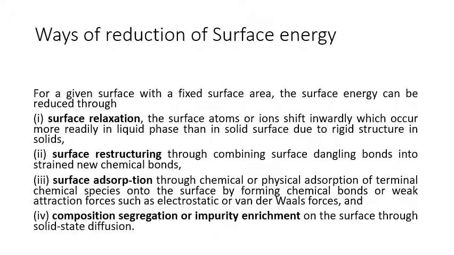Now the second is surface restructuring. As we have discussed in previous classes, the surface has some dangling bonds, and these dangling bonds are in a strained state.